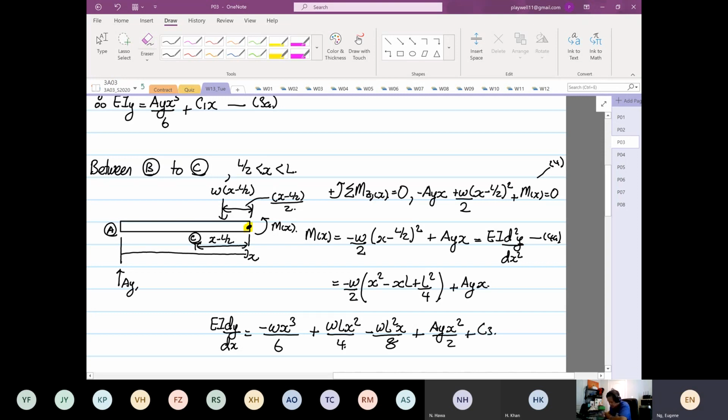Okay, let me check again. So this will be my equation number 5, which is correct.